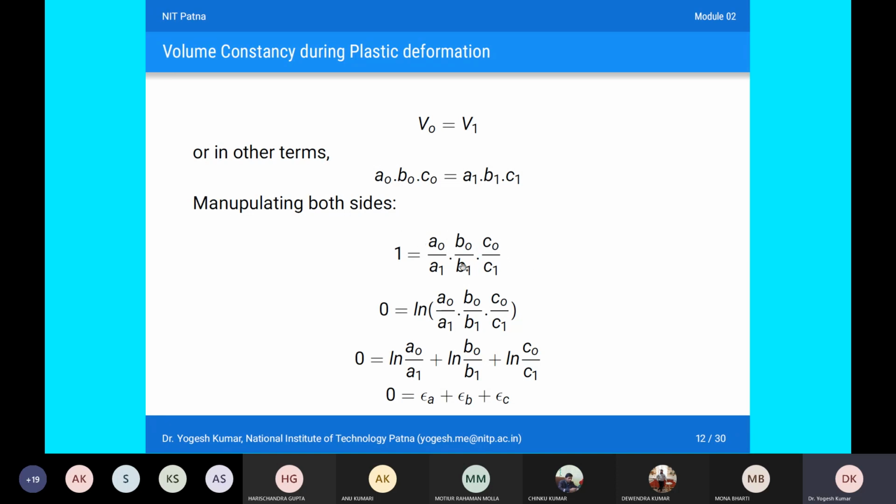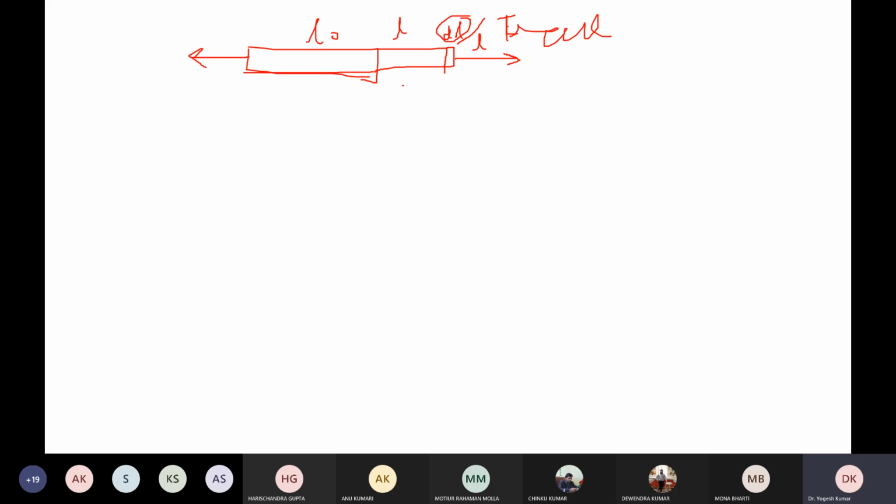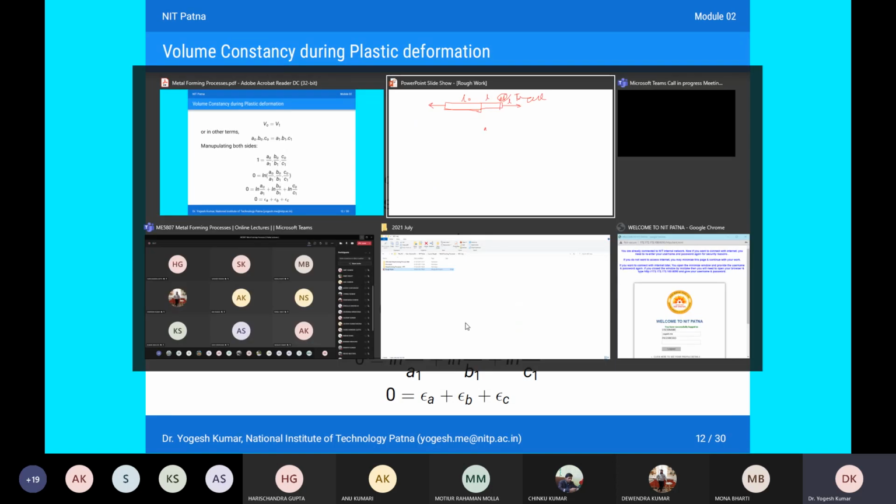Okay, so let us not get confused using this slide. So let me write it again. I will change this slide. There is some typographic error, because this should be A1 upon A0, B1 upon B0, C1 upon C0. Similarly here also, let me come here.